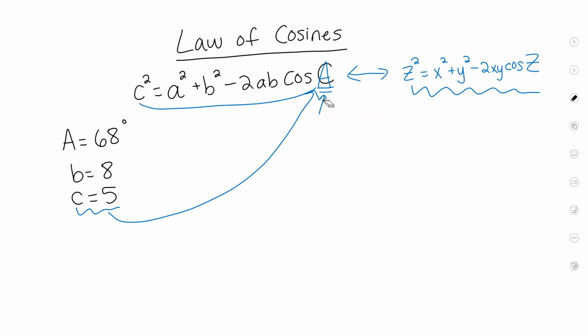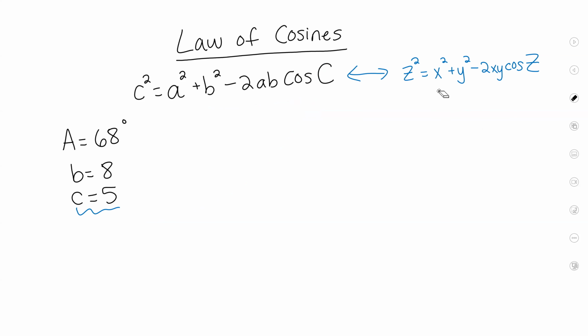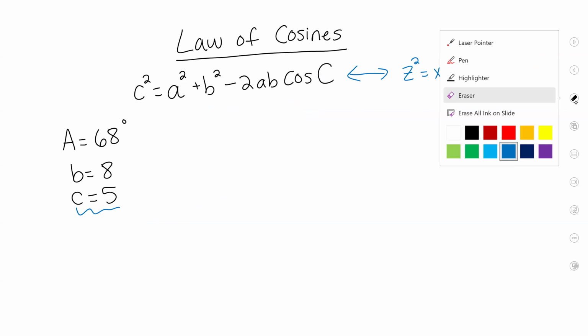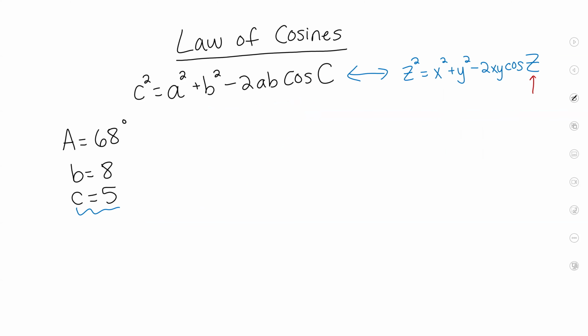So I have a side length and a side length and an angle. So my angle will go here. This is the angle they gave me. So I'm going to do cosine of 68 degrees, and the other letters are these sides. So I'm going to do 64 because that's 8 squared.